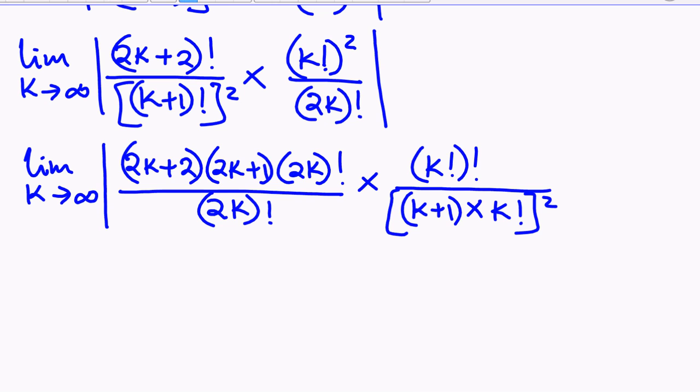And then I can simplify this bit. And by the way, this cancels, so that's gone.